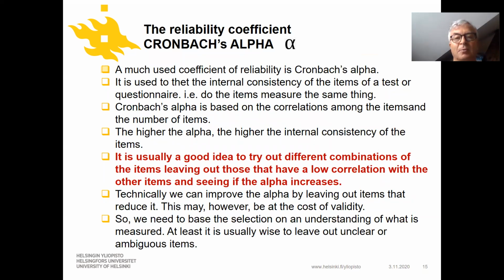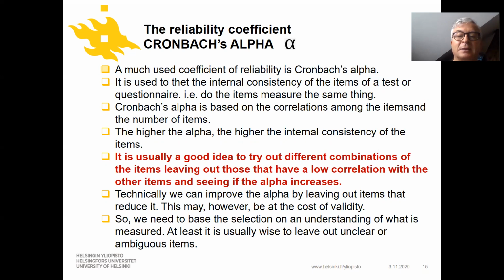And for this, we have an indicator, the reliability coefficient. We call it alpha. The longer name is Cronbach's alpha. There are others as well, but this is a good one.